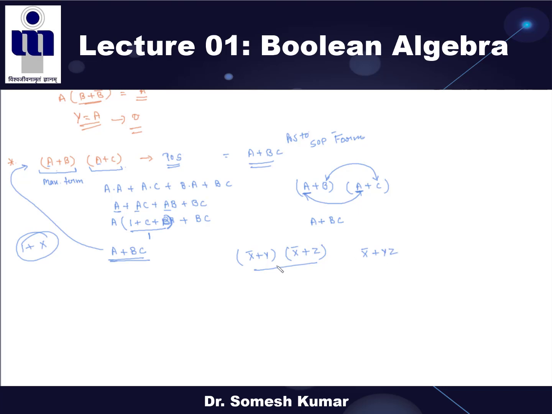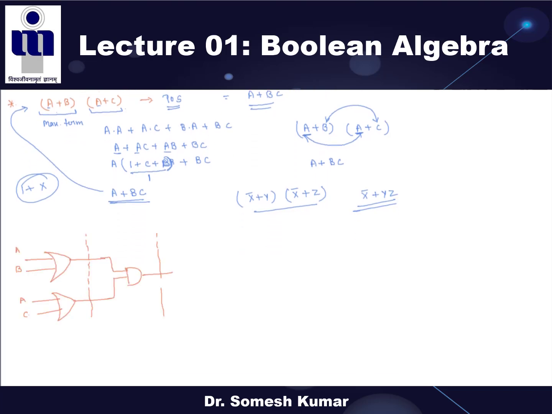There is no need to solve the complete expression directly. This is the SOP form. Now tell me, what is the output of this? So the exact output is A plus B into A plus C.